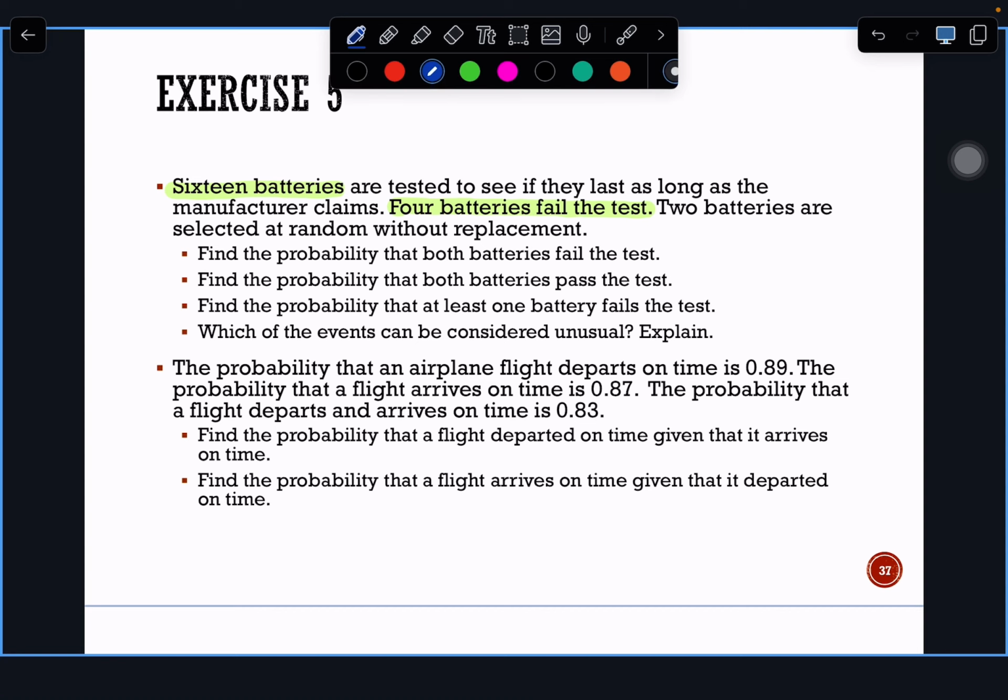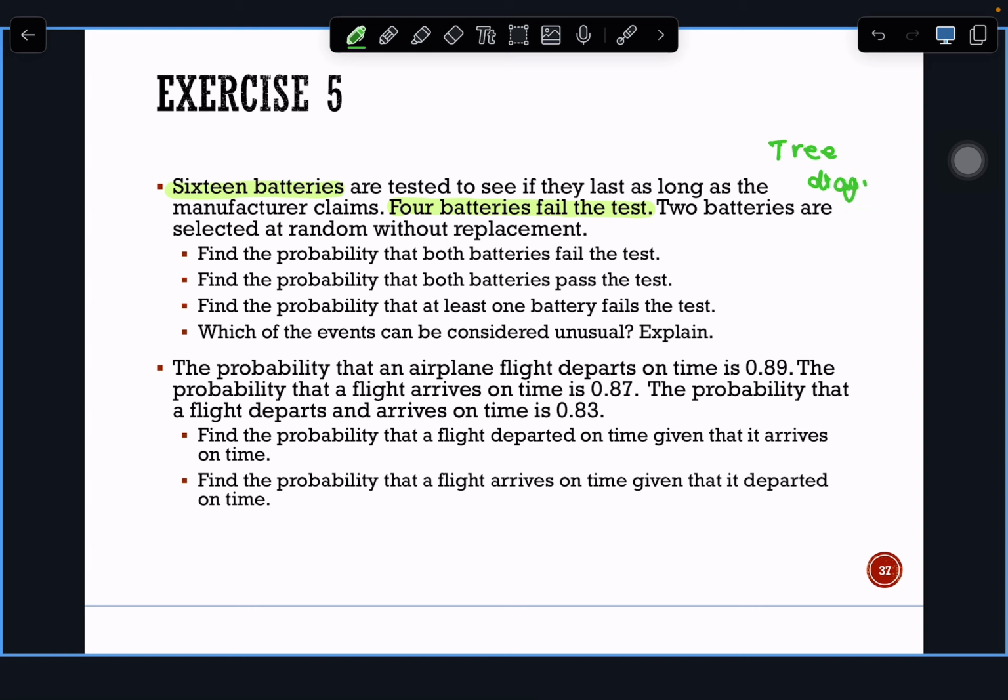Let's say we decide on a tree diagram. Remember when we have tree diagrams, we need to have events. We need to have probability on the branches. So what is the importance of 4 batteries failing the test?